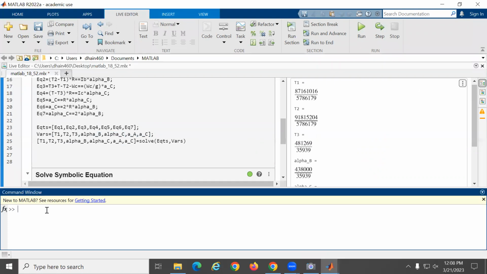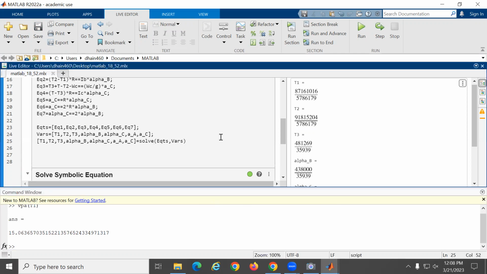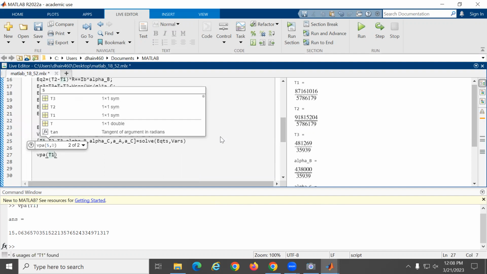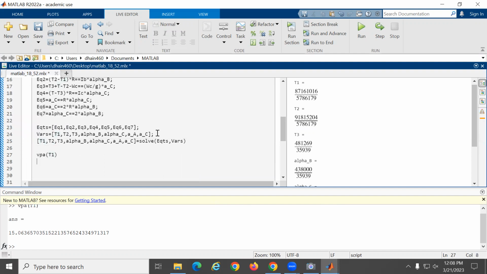And now you can just put here VPA, for example, T1, and it should work. It gives you the value. So now you can come over here and type VPA, whatever, T1, and so on, and you don't have to do the rest.